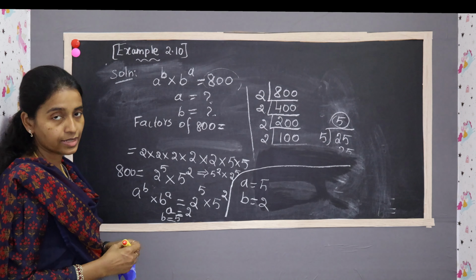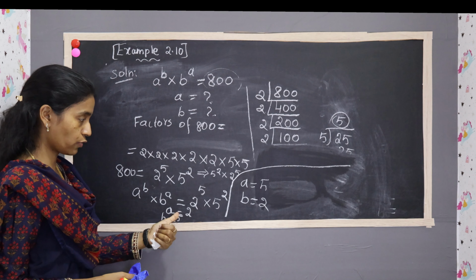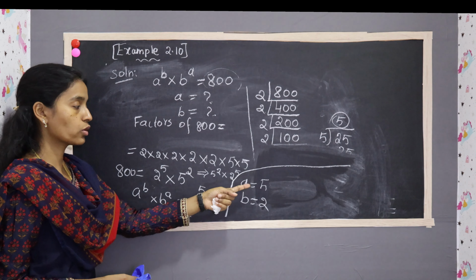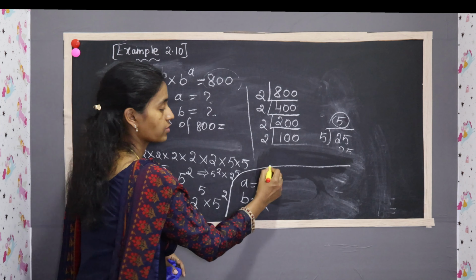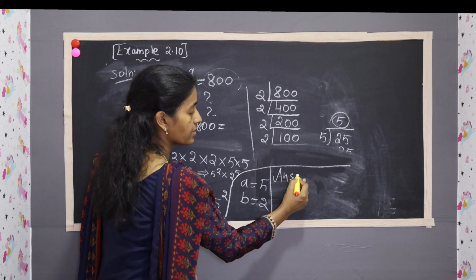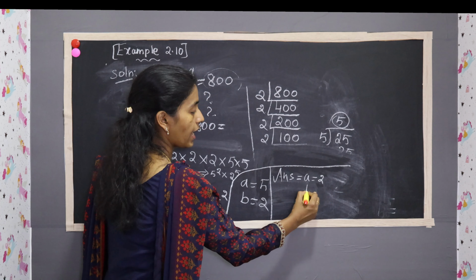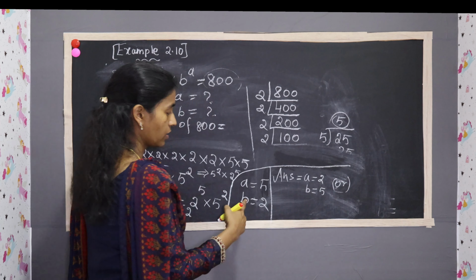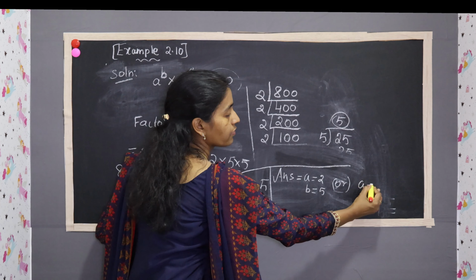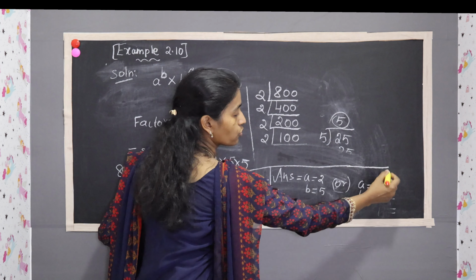So the final answer should be A equal to 2 and B equal to 5, or A equal to 5 and B equal to 2. This is the answer. The answer is A equals 2 and B equals 5, or A equal 5, B equal 2.